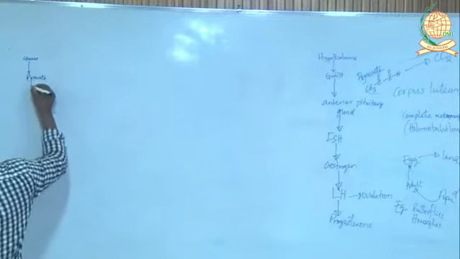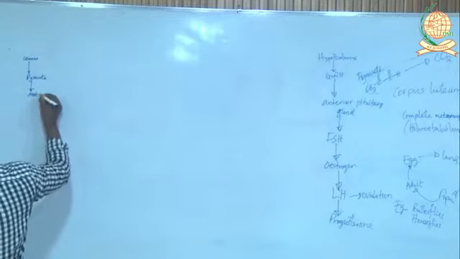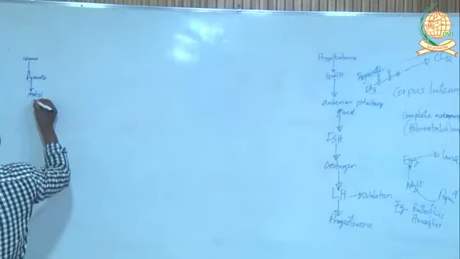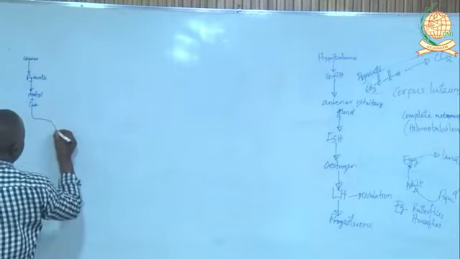Pyruvate then is converted to acetyl, which is carried by coenzyme A, then enters the Krebs cycle.